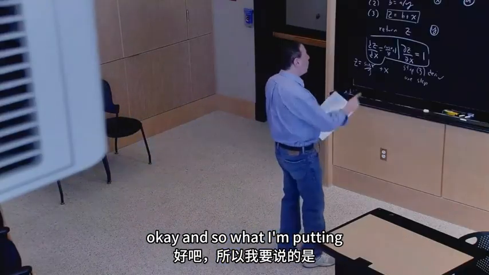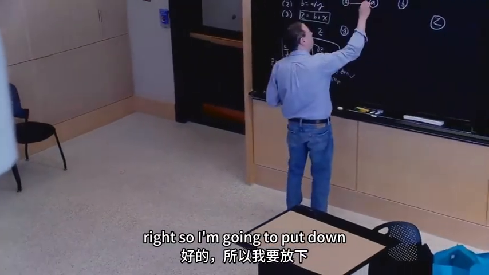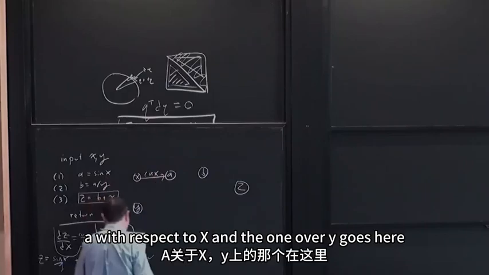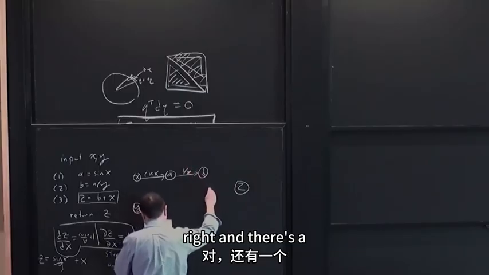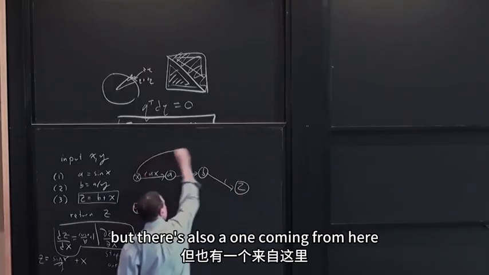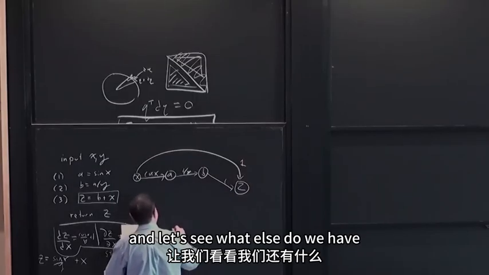Okay, and so what I'm going to put here are all the partials, right? So I'm going to put down the cosine x, which is the derivative of a with respect to x, and the 1 over y goes here, right? And there's a 1 that goes here, but there's also a 1 coming from here. And let's see, what else did we have?